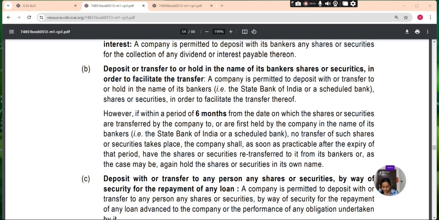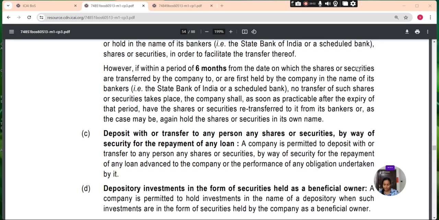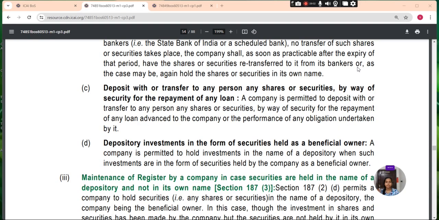Then comes the deposit with or transfer to any person of any shares or security by way of security for the repayment of any loan.